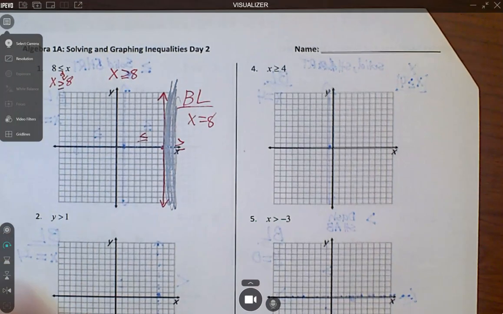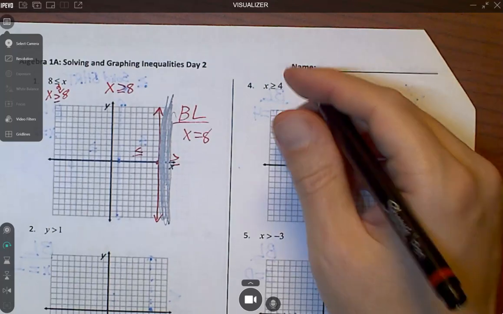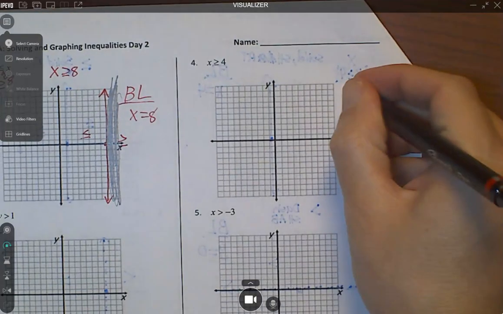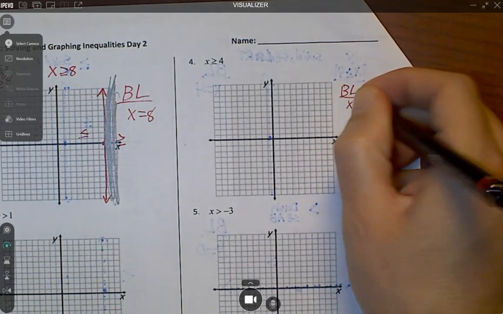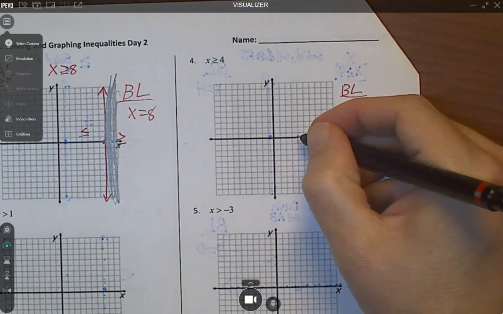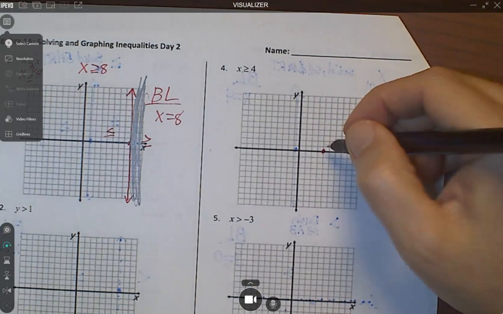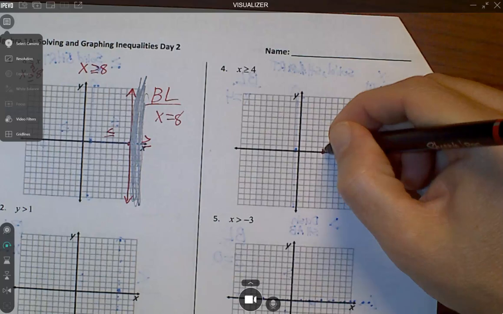Okay, this one's ready to go. So the boundary line is x equals 4. Okay, it's solid.